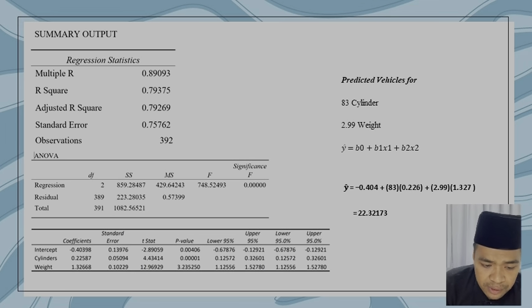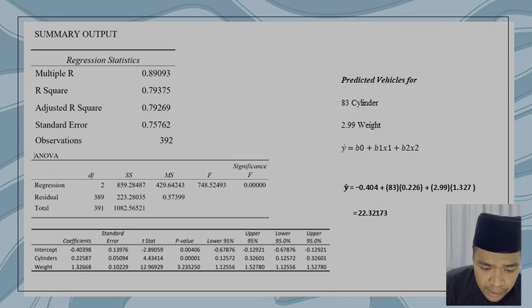E is the error term. In our analysis, we predict where we give 83 cylinder and 2.99 weight, while the prediction is 22.32173.